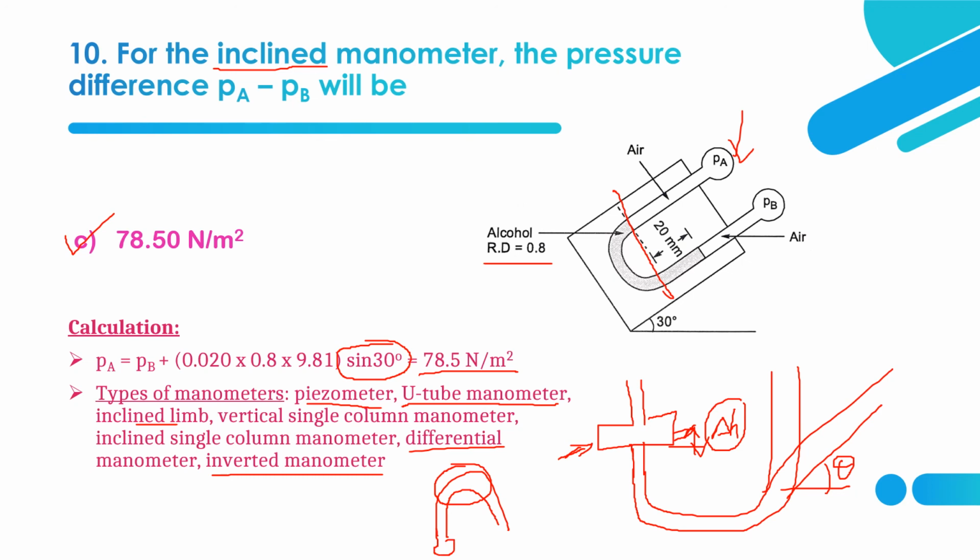So that's the basic concept. Here oil, here water, like this. This is the basic concept behind these types of manometers, to find the pressure of a flowing fluid, or the pressure difference between two fluids running in two pipes. So these are the functions of a manometer.